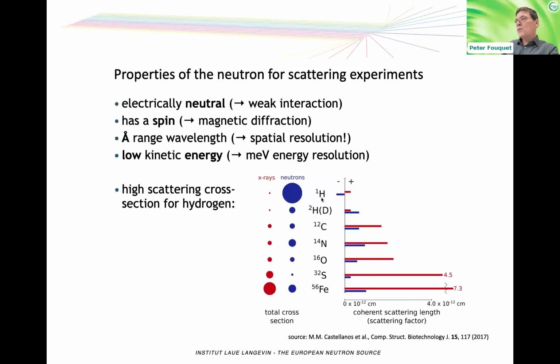And you can play also, using quantum mechanics, some other tricks. You have actually a negative so-called scattering length for hydrogen.